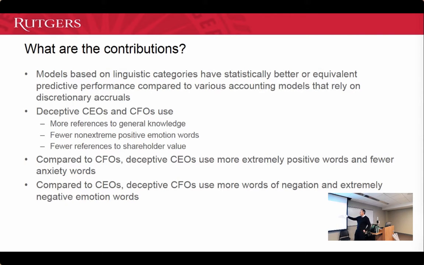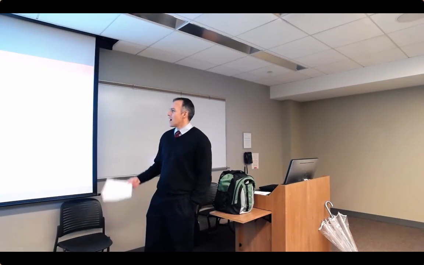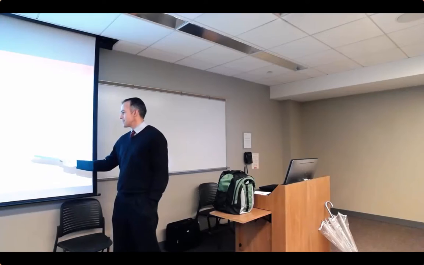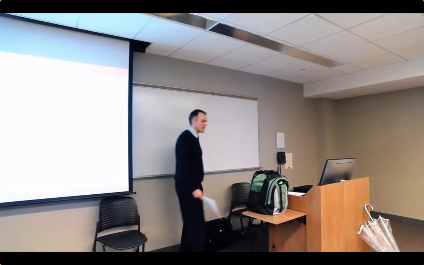Anyway, they're saying that their models are equal to or better than other accounting models that just use our best measure of fraud, maybe best predictor of fraud, discretionary accruals. I think most people wouldn't believe that assertion at all, right? Because of the problems with the paper. All right, so those are the findings.